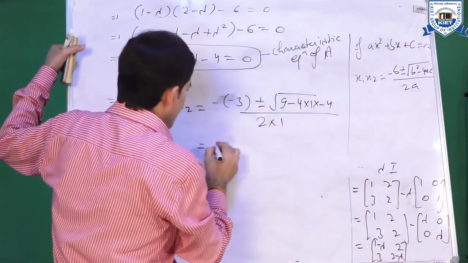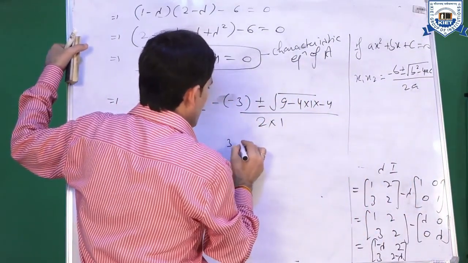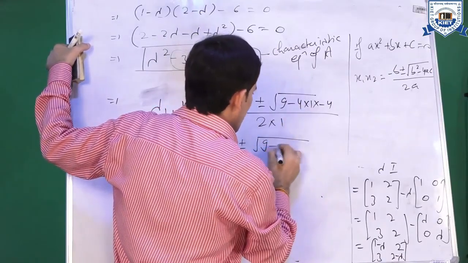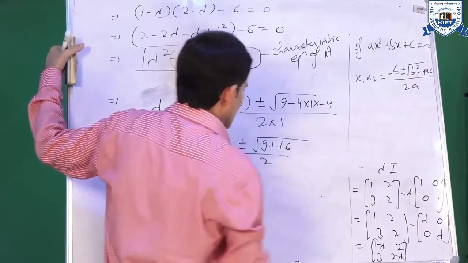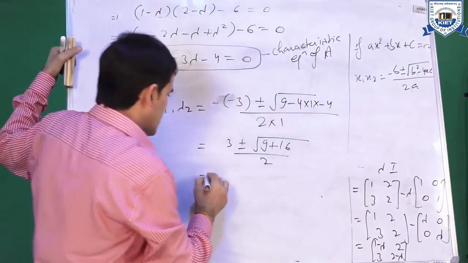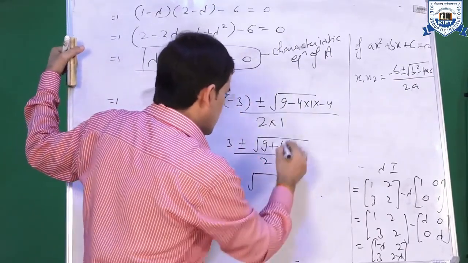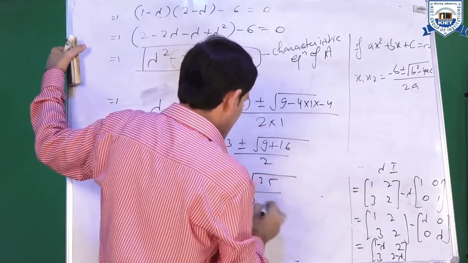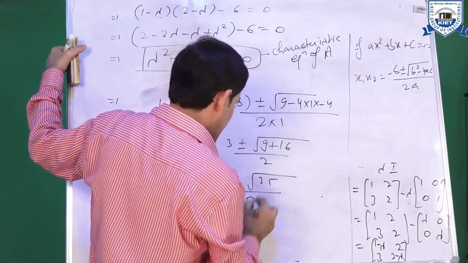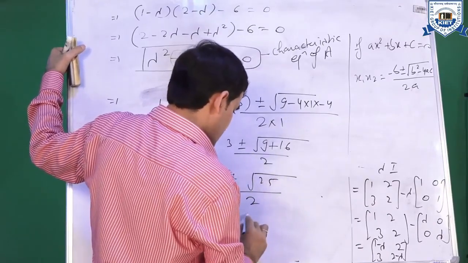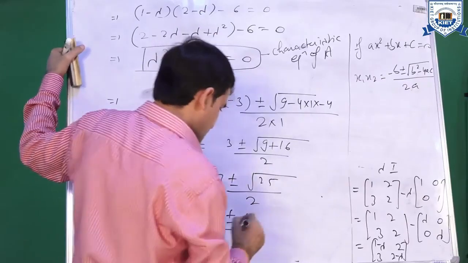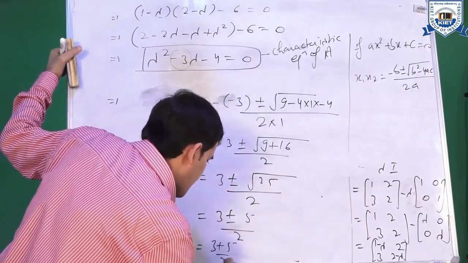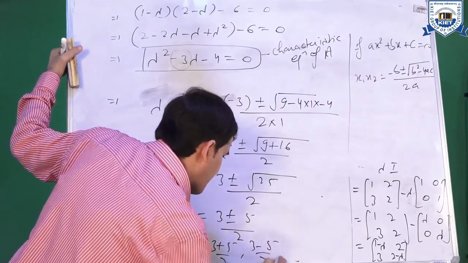Then we have 3 plus minus under root 9 plus 16 upon 2, and 3 plus minus under root 25 upon 2, 3 plus minus 5 upon 2. So we have 3 plus 5 by 2 and 3 minus 5 by 2.